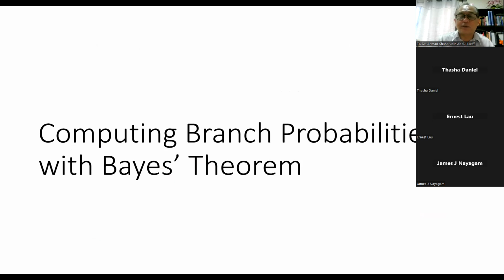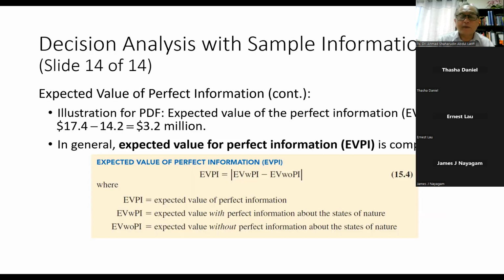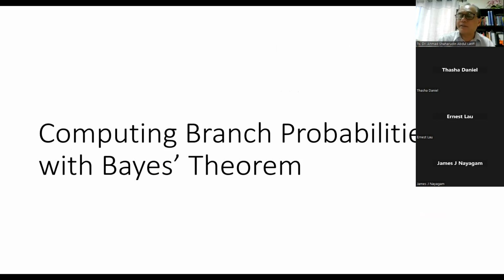Now, any question? Okay, we move into Bayes' theorem. What is Bayes' theorem? Bayes' theorem is a probability theorem where a certain situation is conditional on certain probabilities: the probability of A happening when B has happened, or the other way around, the probability of B happening as if A has occurred.